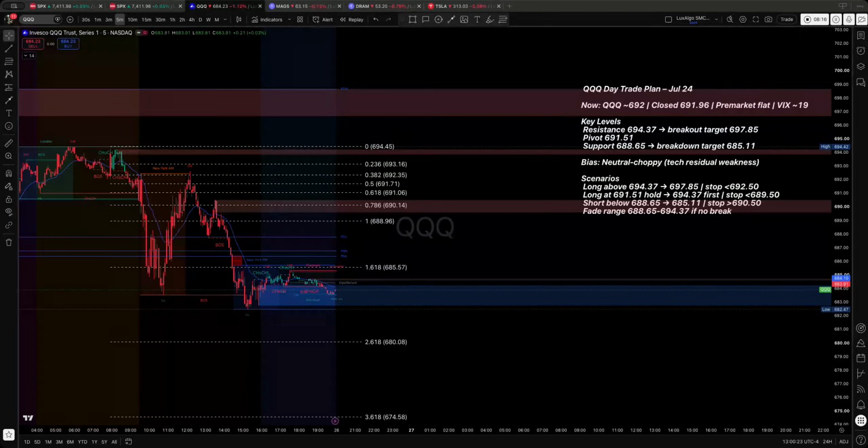And obviously time of day matters too, right? I like to focus on the open. Ideally, if you can find a good setup between 10 and 12 o'clock, that's great. Lunchtime's a little bit more difficult sometimes, a little bit choppier, and the afternoon has some nice opportunities too.